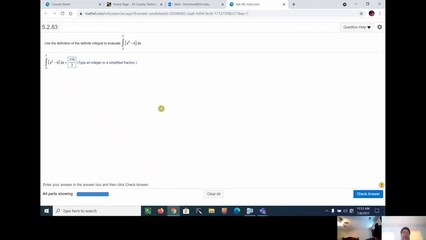We're just doing the integral, the antiderivative. So we're going to do it just like we do it in 5.3. So the antiderivative from 3 to 7 of x squared minus 9 dx.